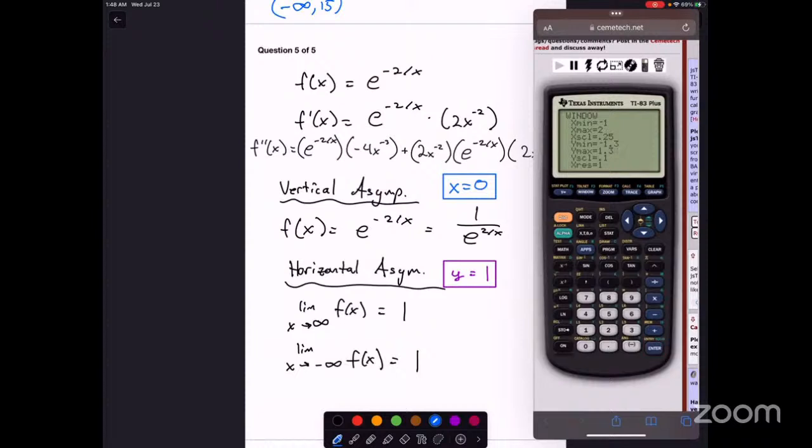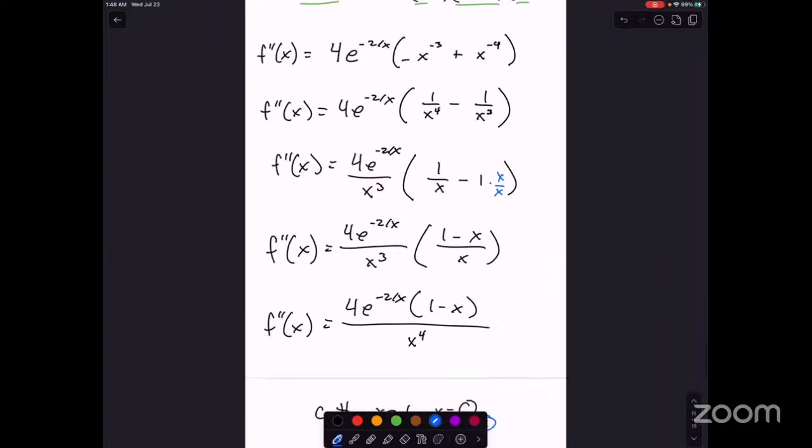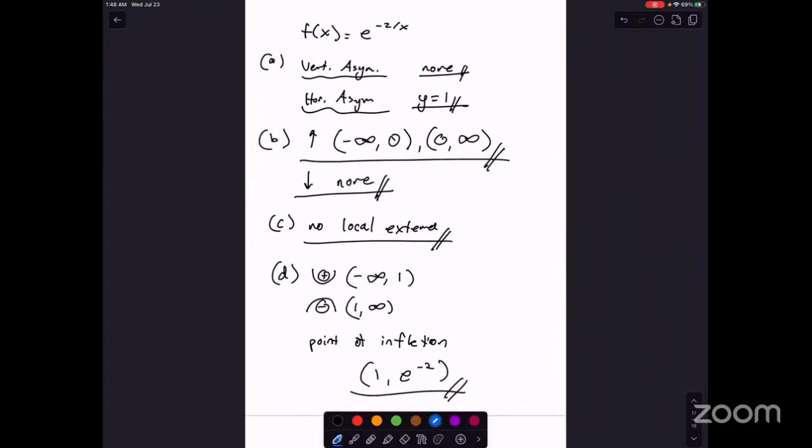Okay. Still kind of tough to see. I feel like something's off there. So again, that vertical asymptote, we got x equals 0 there.